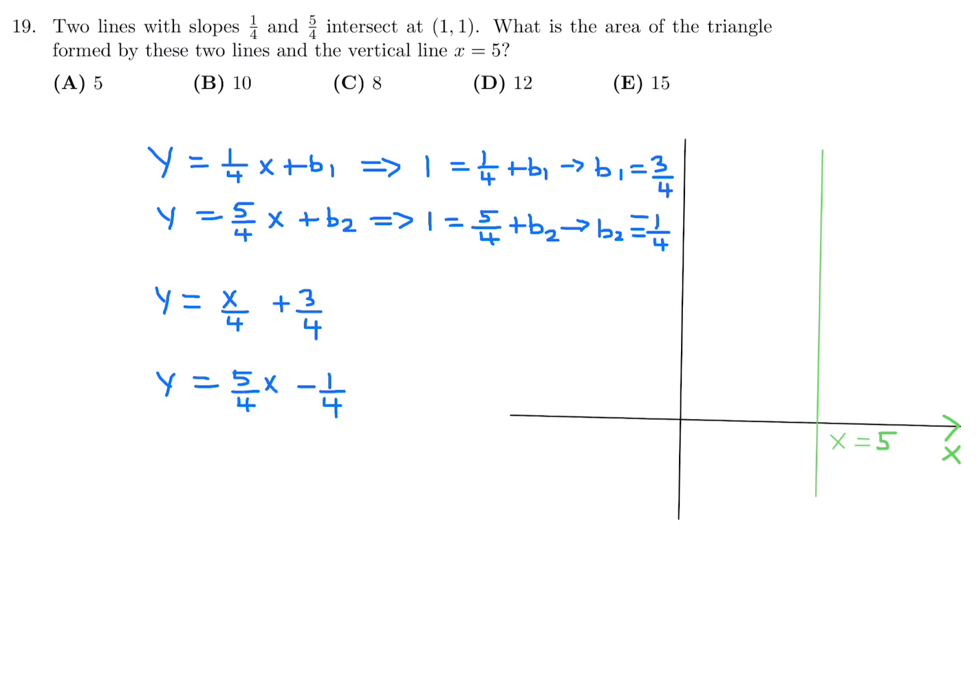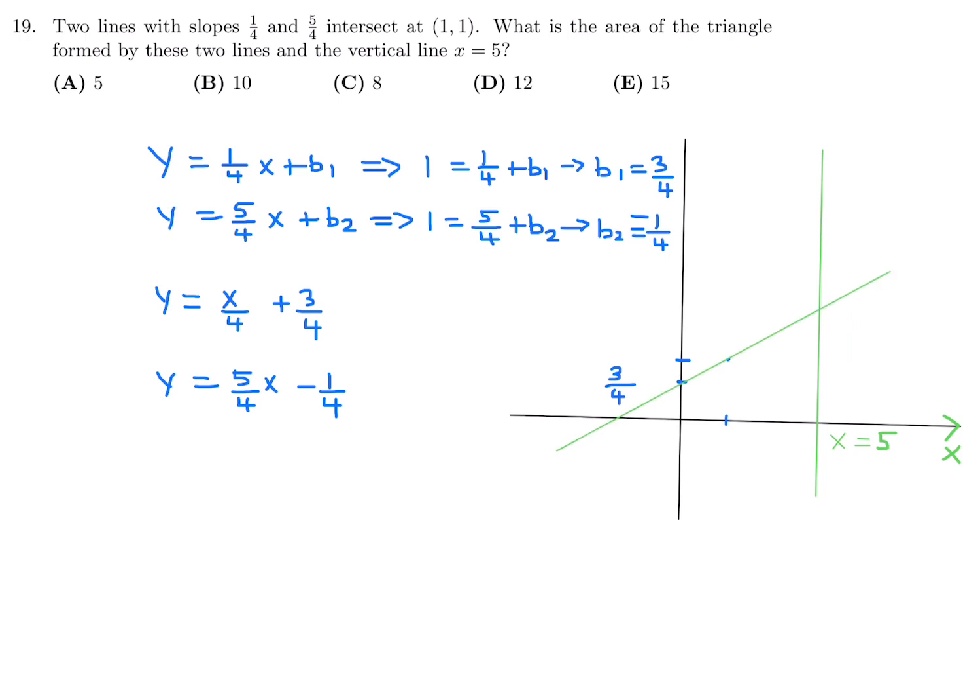minus 1 over 4. Okay, so the first one we can plot, let's say when x is 0, we get 3/4 approximately, so let's just say that's here. And when x is 1, we would get 1, and that we already know is a point. Not exactly drawn to scale, but you guys get the idea. So the first line is approximately something like this.